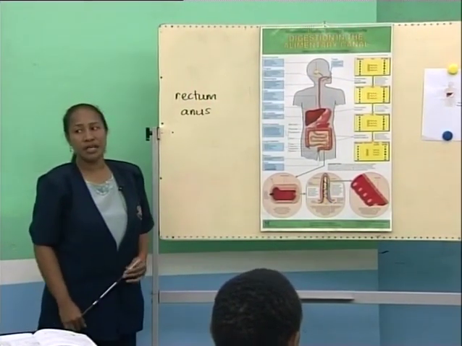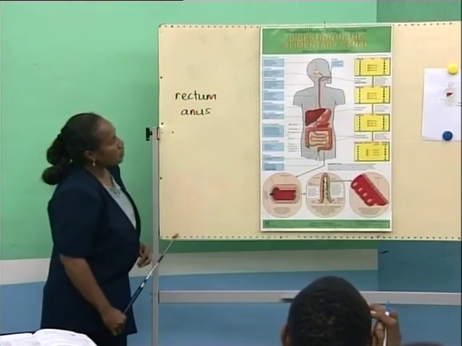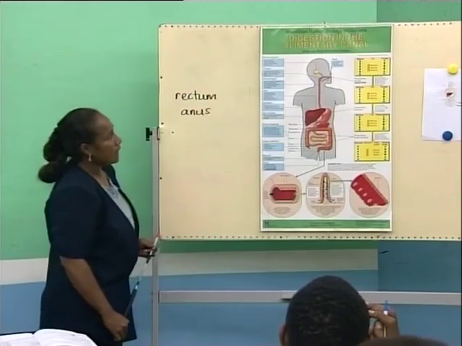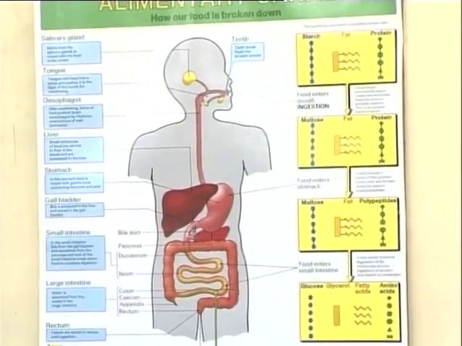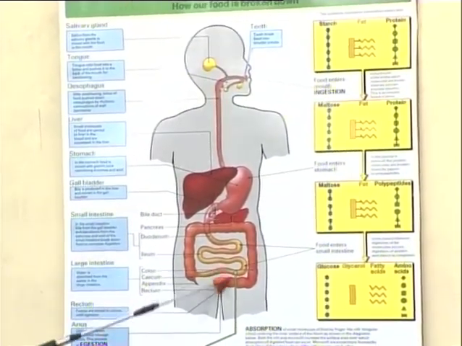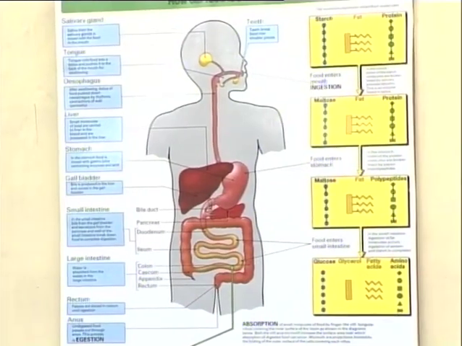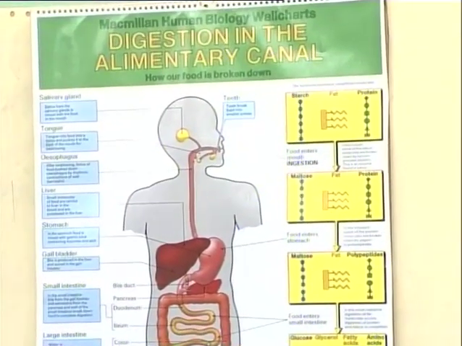Right, paying attention. The chart here shows the digestion in the alimentary canal. It simply means the tube that starts from the mouth all the way down to the anus. That is called the alimentary canal. That's where food passes through.